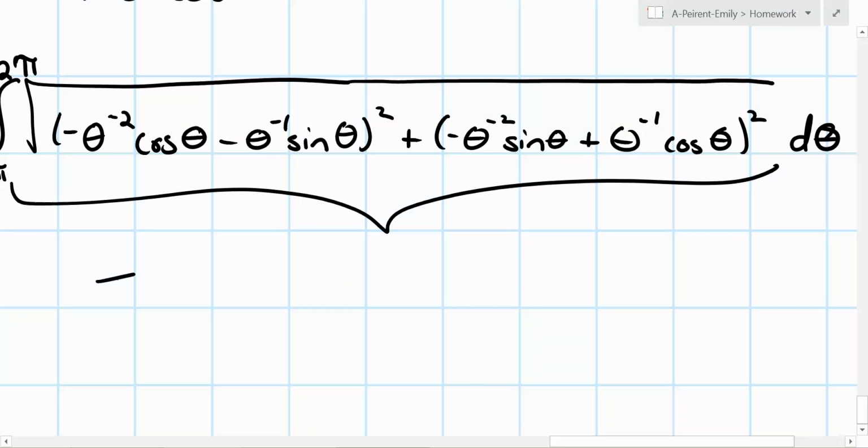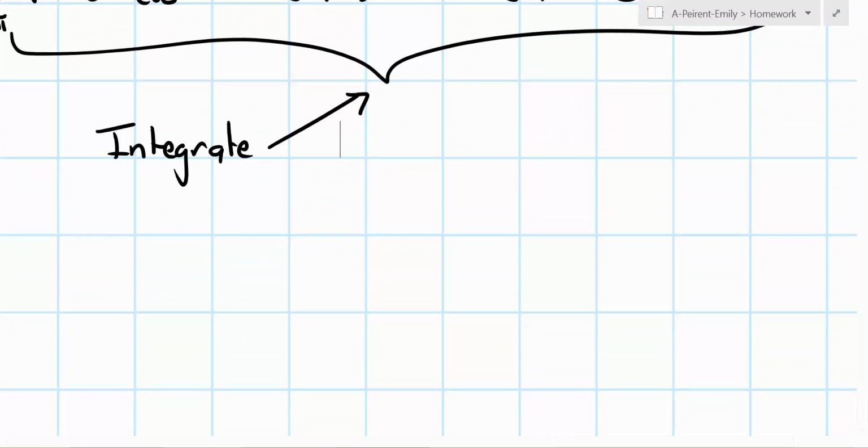Now it's time to integrate all of this. Now, we probably could do this by hand if we had a lot of time and space to do it, but we don't really want to because that would be really annoying and a lot of work for us.